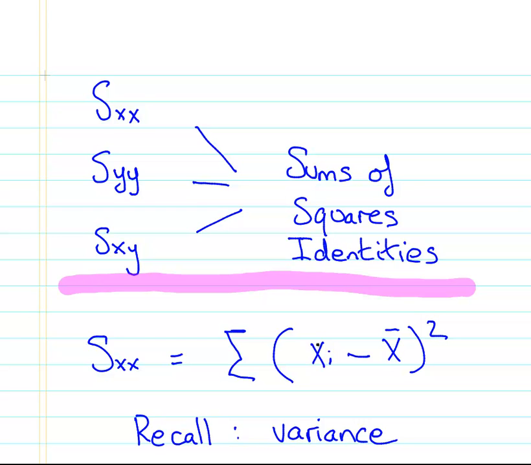So it's a component in that calculation. When you're given sums of squares identities, you're given some of the calculations done for you in advance, and you just have to finish them off. That's what sums of squares identities are in the context of calculating correlation coefficients.